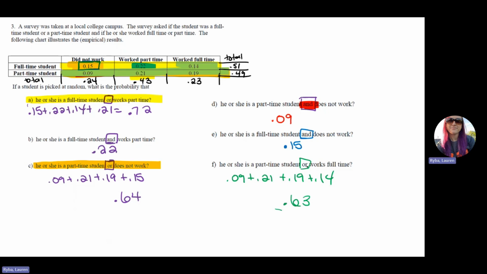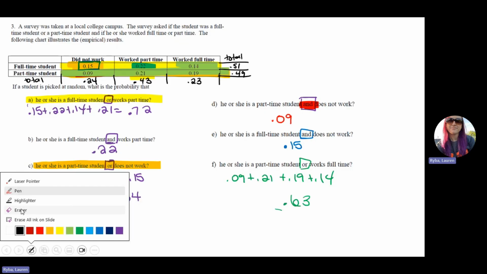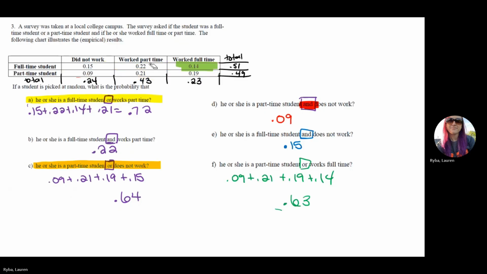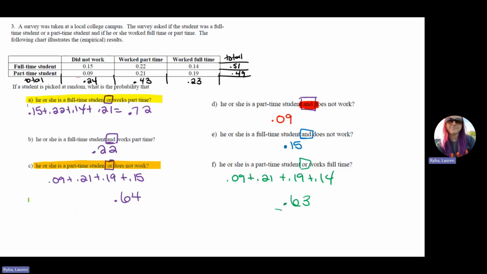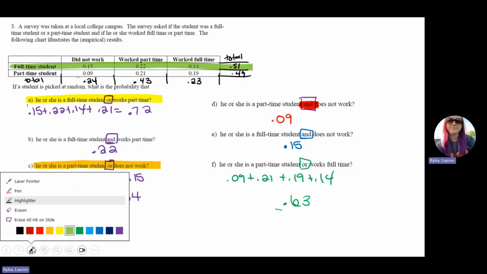For any of these "or" questions, the other way I could have done this, I'm just going to erase this out for a second. So let's say, full-time or part-time. So full-time student is that value 0.51.